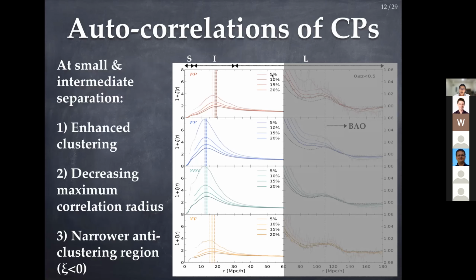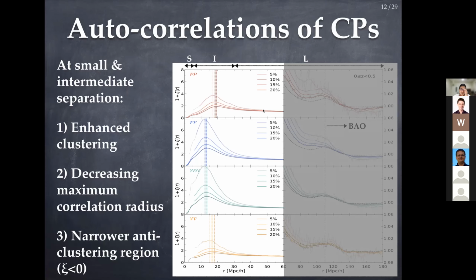So here 5% means the rarest 5% population, and they are the 5% most overdense peaks. And for walls and voids, here 5% is applied on the other side of the density range. So they are the most underdense 5% of the population among them. So as you can see, the transparent line lies at the top in all cases. And if you go for less rare events, you have weaker clustering.